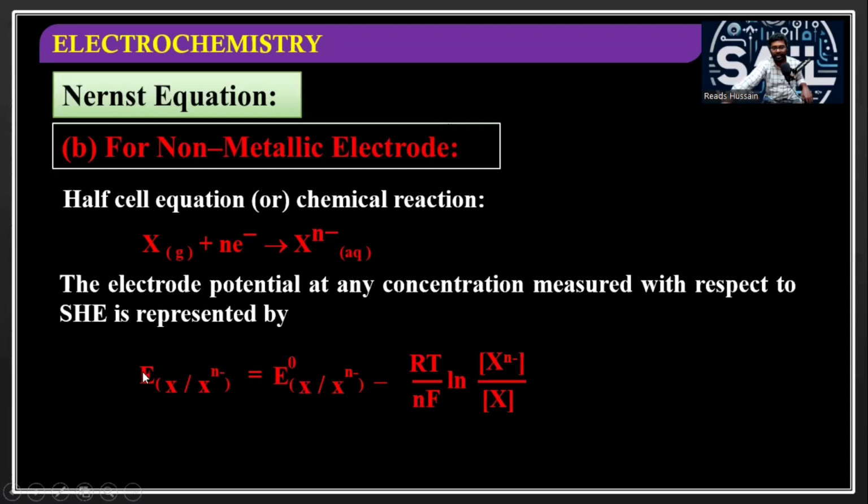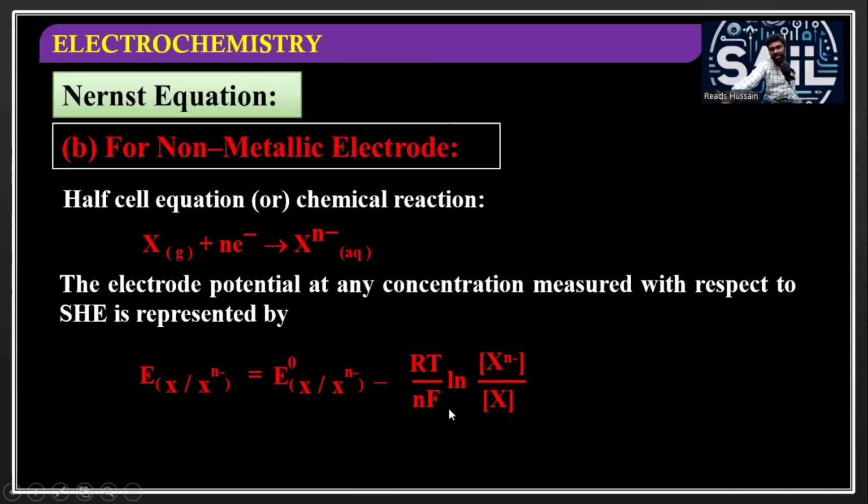The Nernst equation is written like this: electrode potential is equal to standard electrode potential, E naught, minus RT by nF ln concentration of product by reactant. The concentration of product is X n minus, divided by X.